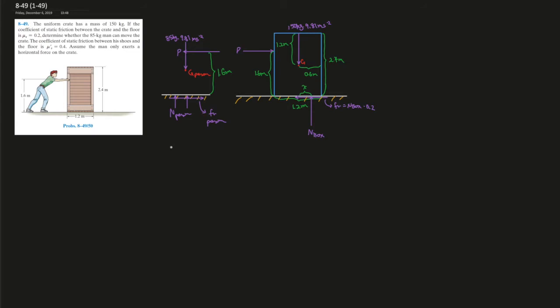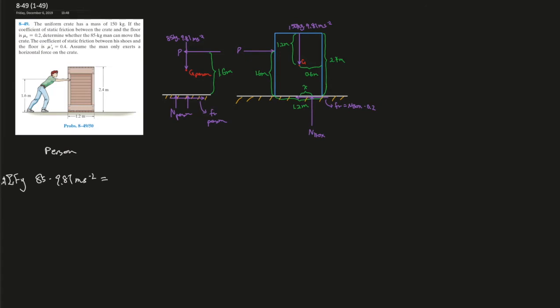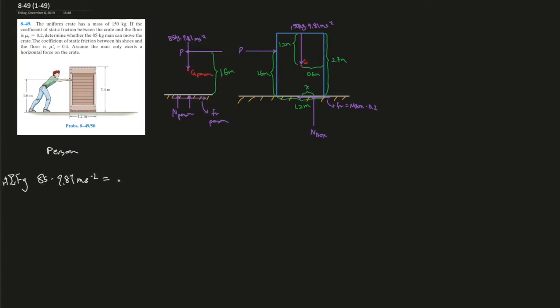Let's get started with the system over here. So first, let's do the person part. It's 85 times 9.81 meters per second squared. This is the sum of forces in the y direction over here, which equals 833.85 newtons.